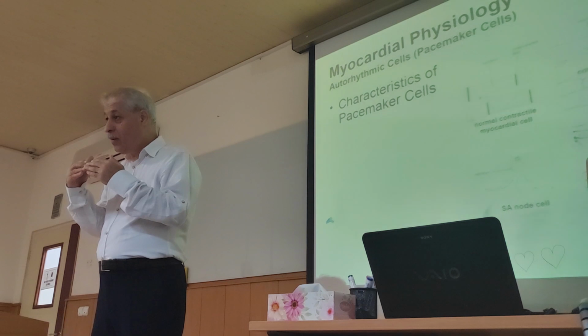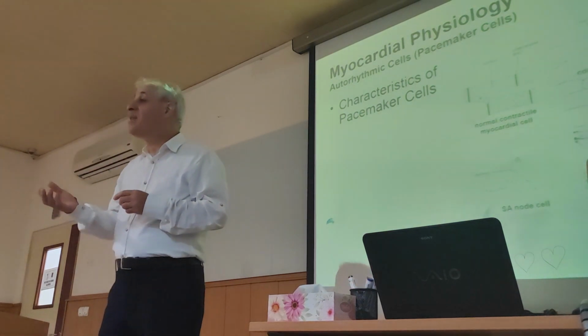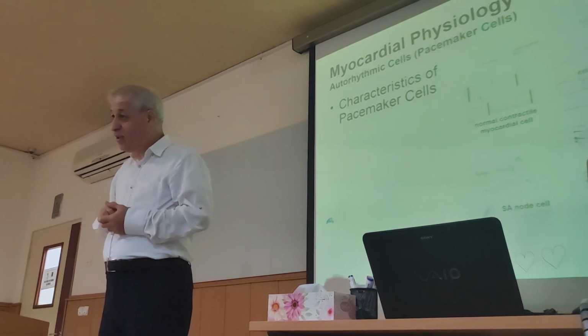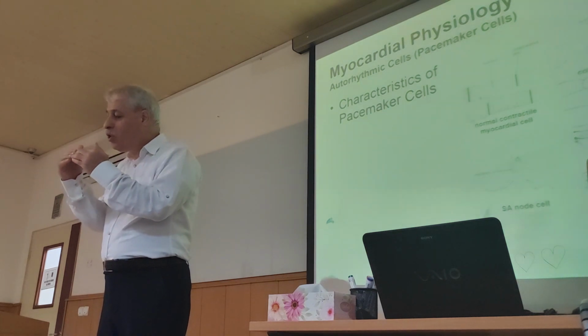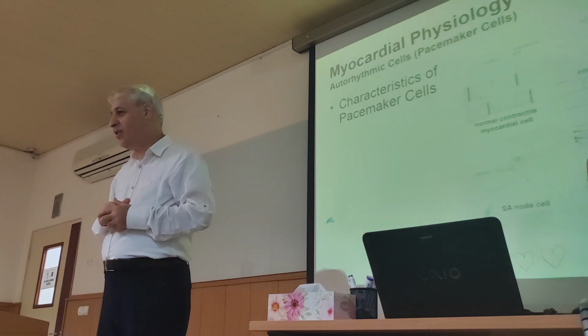So how does it pass in the skeletal muscle? In a skeletal muscle, we do not have any fibrous tissue inside the muscle. Inside the heart, we have fibrous tissue, which isolates the passage of electrical currents.